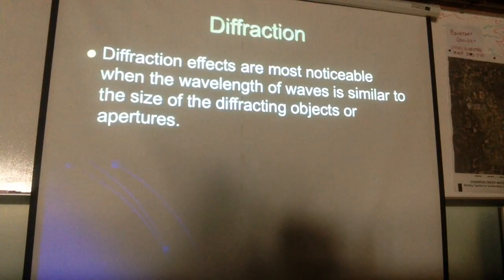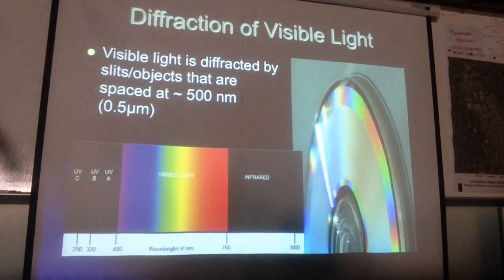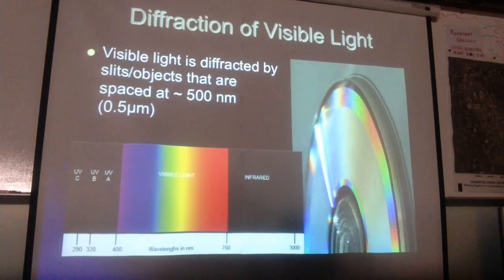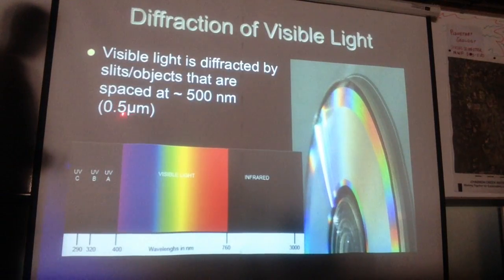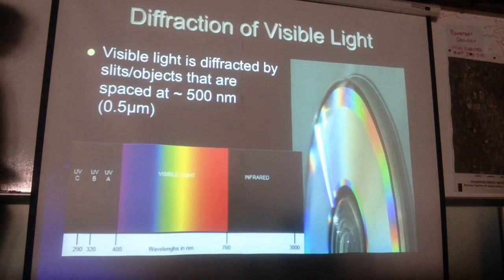It's important to understand how the black box works. Visible light is diffracted by slits or objects that are spaced at approximately 500 nanometers or 0.5 micrometers apart.